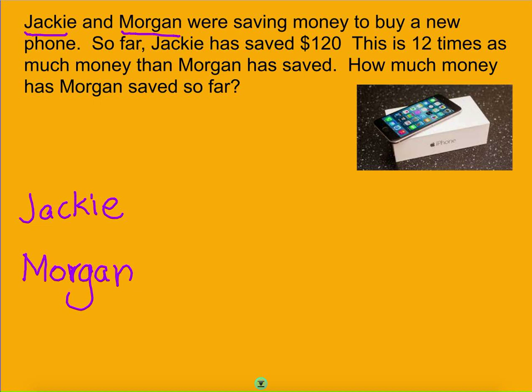Okay. So now that we know what's being compared, we go to the sentence with the famous words, because that sentence is going to help us to draw the model. And that's the sentence that contains the times as much, times as many. So I see this sentence. This is 12 times as much money than Morgan has saved.